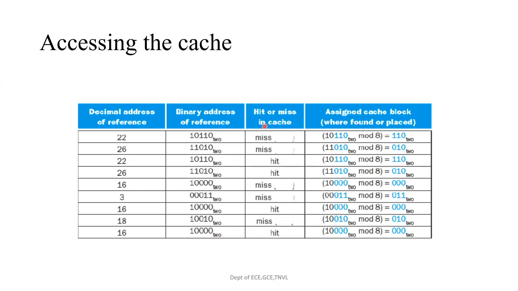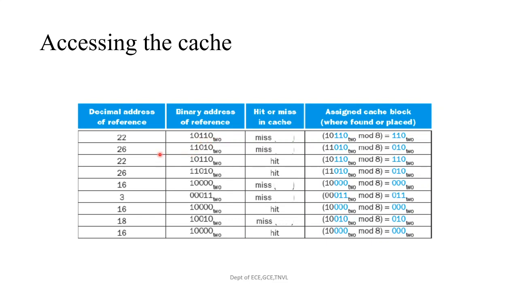Now, omit this column for this time alone. How can we calculate the mapping of this binary address of reference in the main memory to the cache block? We just want to take the lower order bits, because this is a 5-bit memory address and the cache size we are assuming as 8. So we take only the lower order 3 bits. This location, 22, will be mapped to 110.